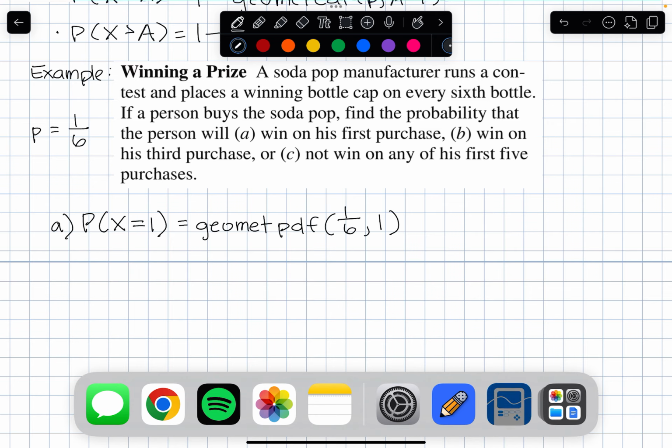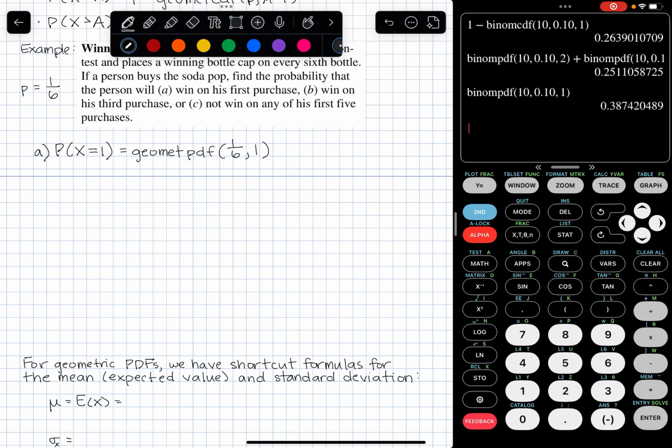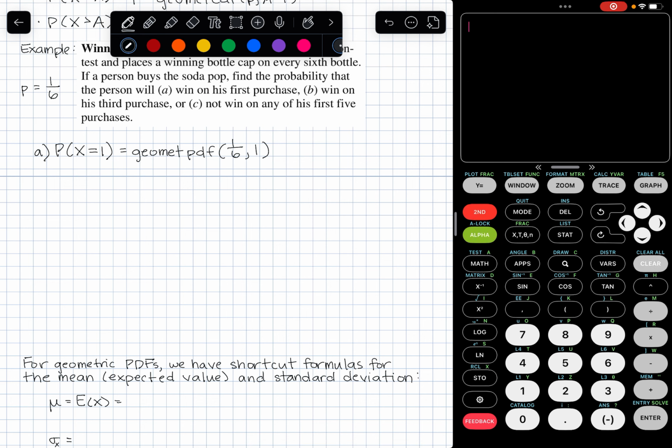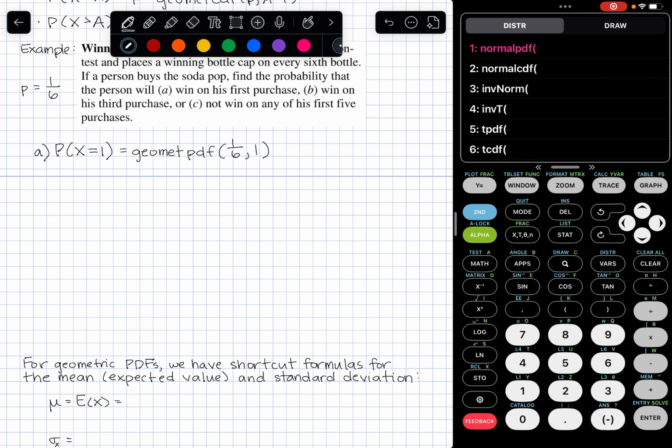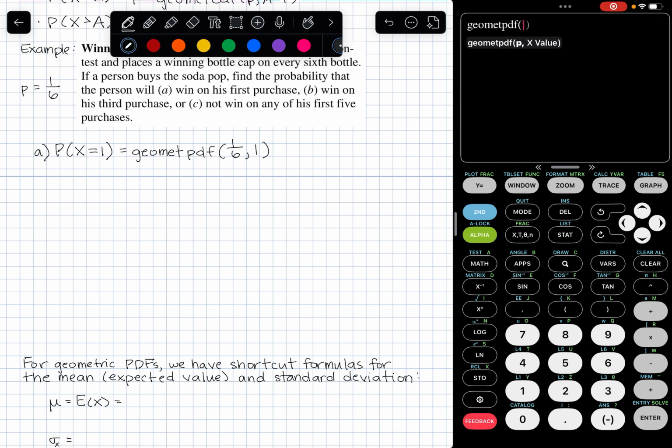So let's pull up our calculator and go ahead and do that together. So to pull up geomet PDF, we go second vars, and then all the way down to the bottom, and then 1 divided by 6, comma 1.